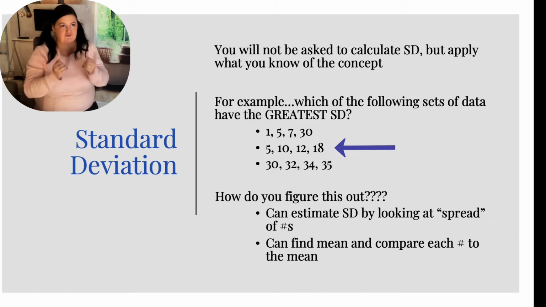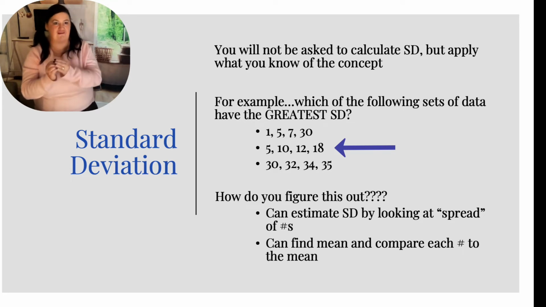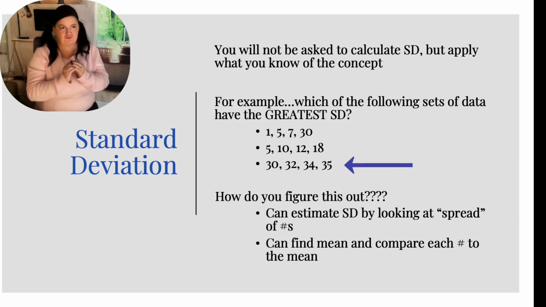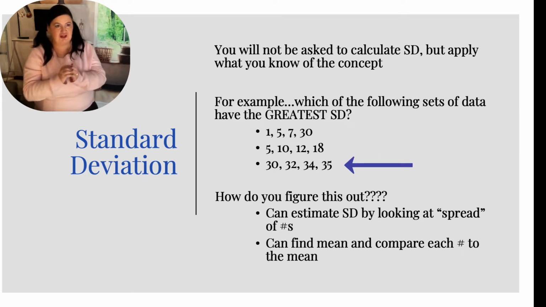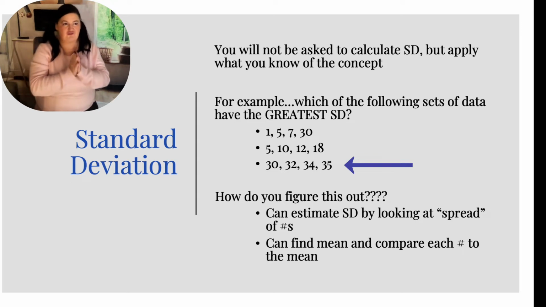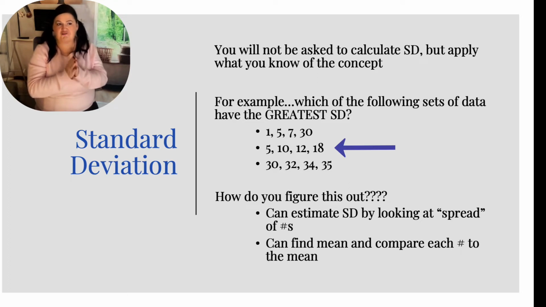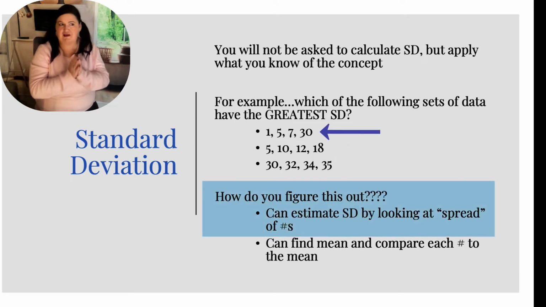And then the second one here, there's a difference of a 5, a 2, and another 5. This one on the bottom, there's a difference of a 2 and a 1. So that last one has the smallest difference. This one in the middle, probably the next smallest. But because of that big jump between the 7 and the 30, that top one really has the biggest standard deviation.